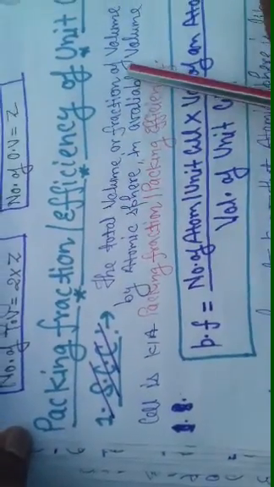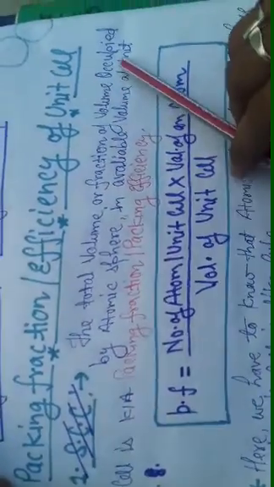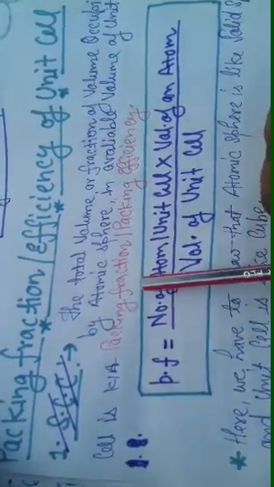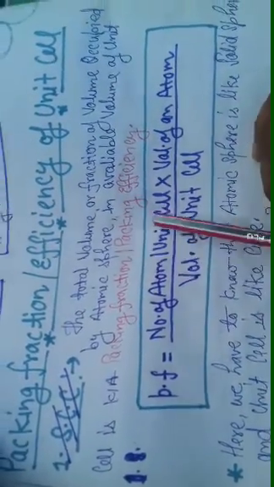So we go on to the formula. As already told, the fractional volume occupied by atomic spheres in the available volume of a unit cell is called packing fraction or packing efficiency.